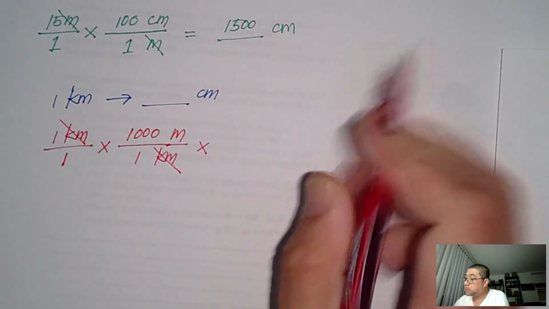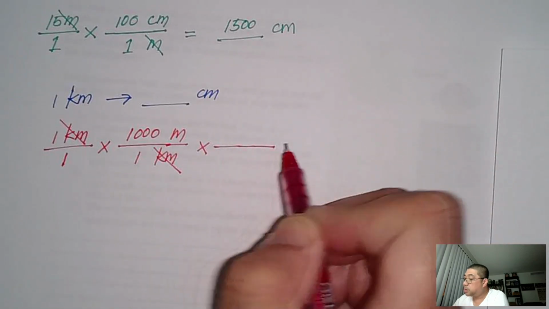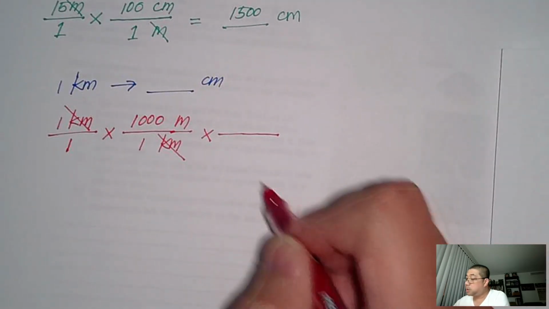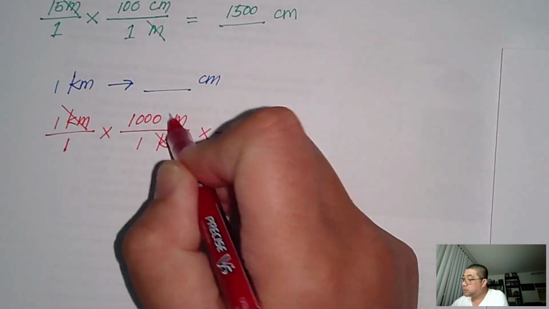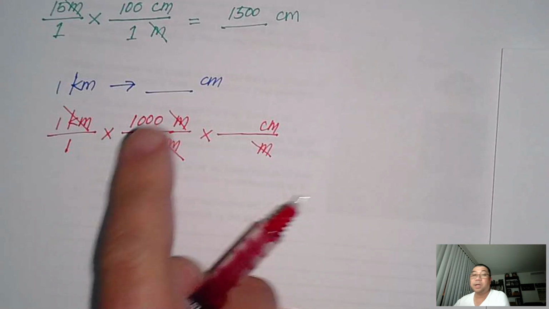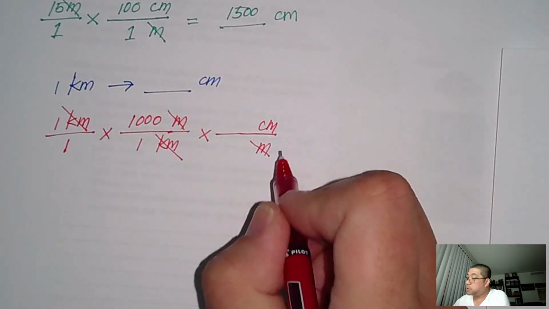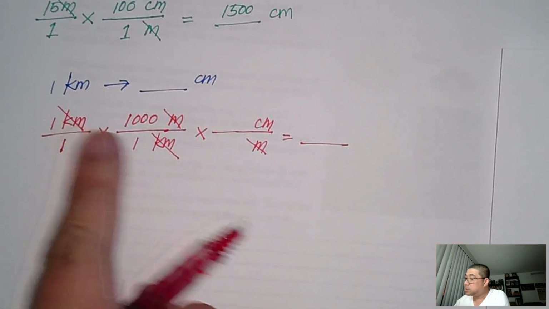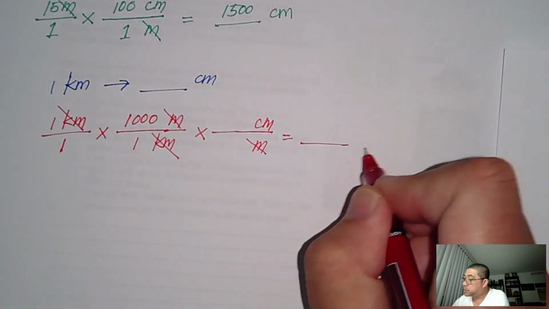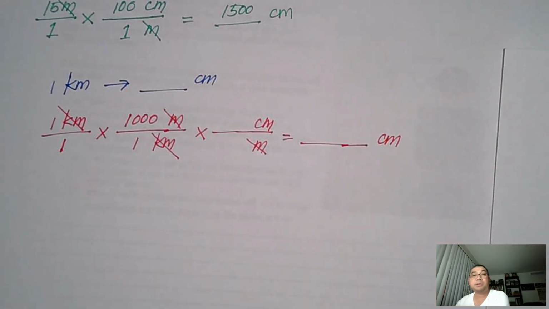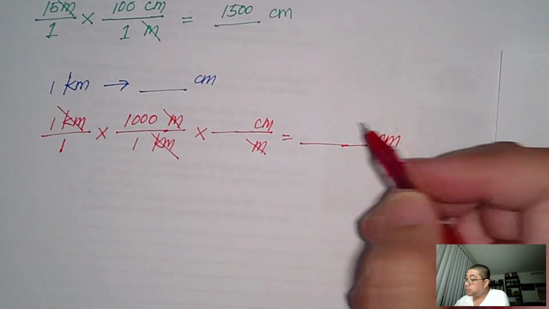So let's put another 1, another vinculum, and then let's place meters on the bottom so we can cancel it because that's on the opposite side, and then replace it with centimeters. Now if I look at all my calculations right here, there's no other unit except for centimeters. So for sure, I will get an answer that is in centimeters if I know the conversion.